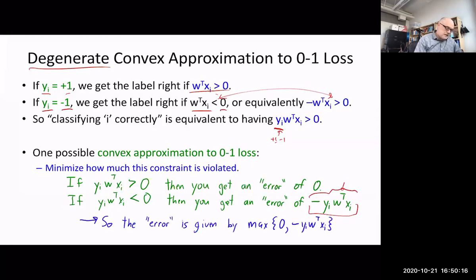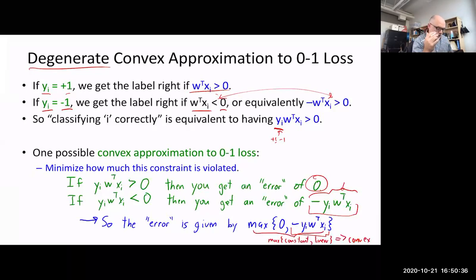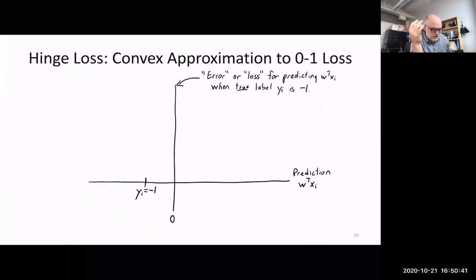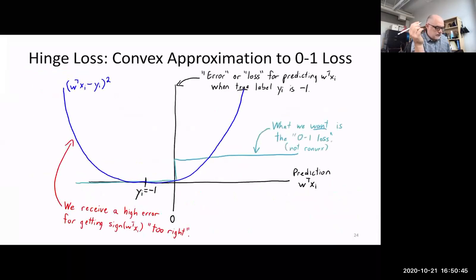So the loss that we want to operate with is the maximum of 0 and minus yi W transpose xi, which will be a positive quantity if W transpose xi and yi don't match signs. Fine. This happens to be convex. You can use the rules that we have to verify this. And this is what's called the Hinge loss.